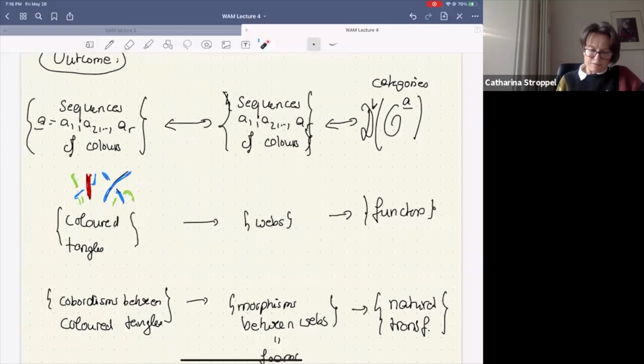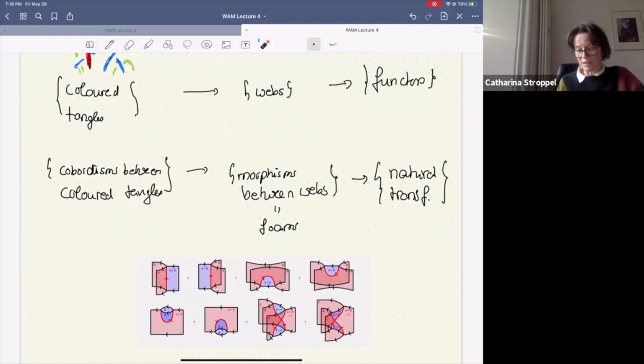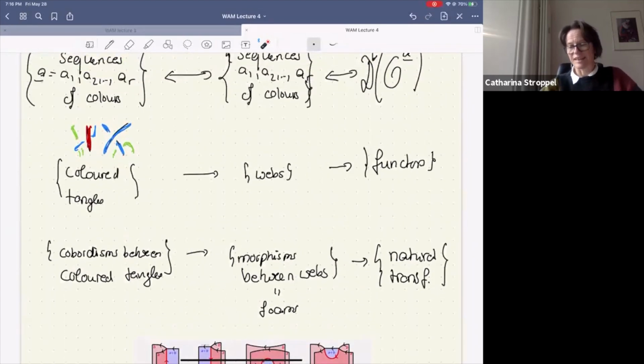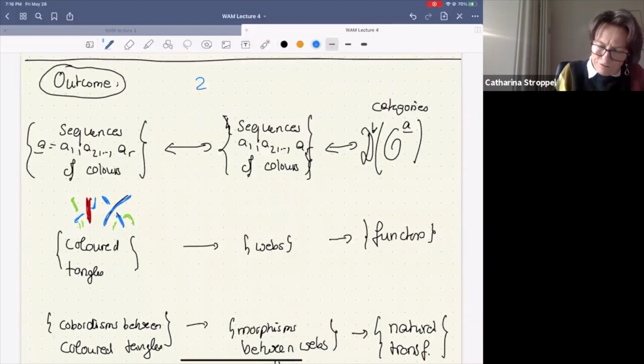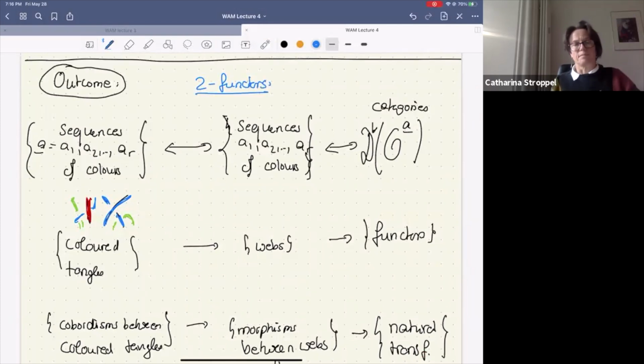And then you can ask the question, can I pass to two-dimensional things going between these tangles? And on the web side it is also possible. These are then surfaces between webs, which look like this, pretty complicated guys. And then the categorification allows you to send these sequences to categories, the webs or tangles to functors, and the cobordisms to natural transformations. And so what you get at the end is some sort of 2-functors. So functors between two categories in this way.